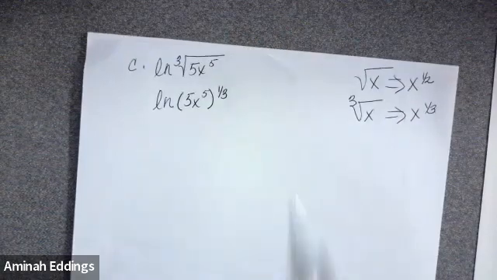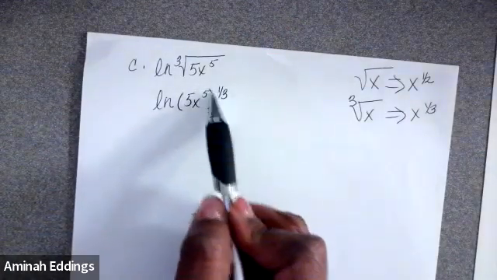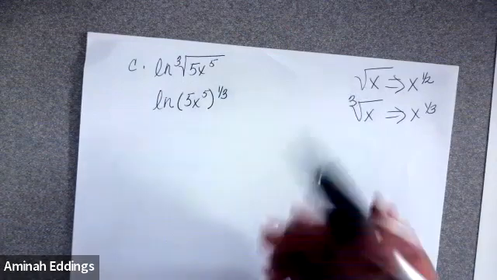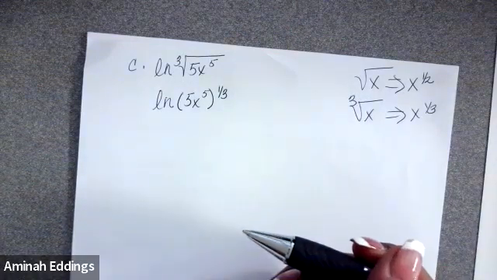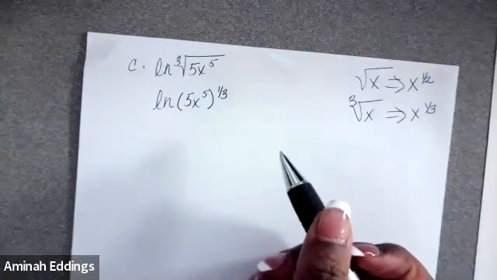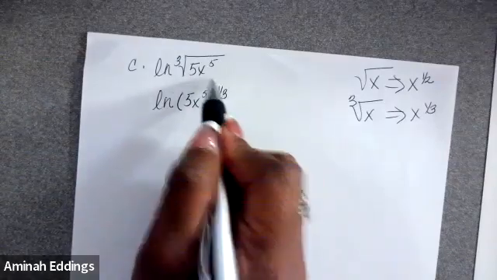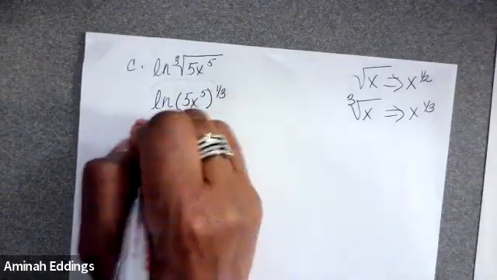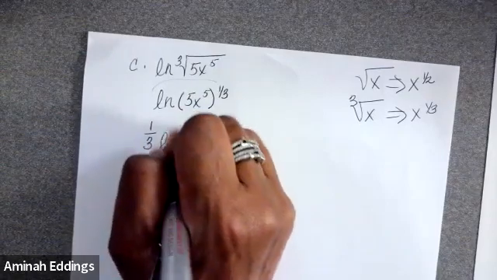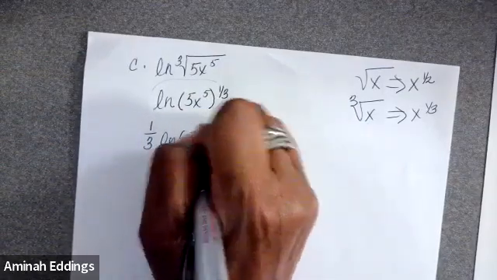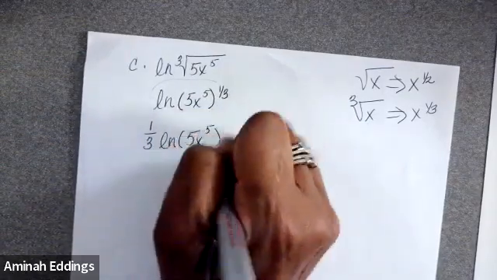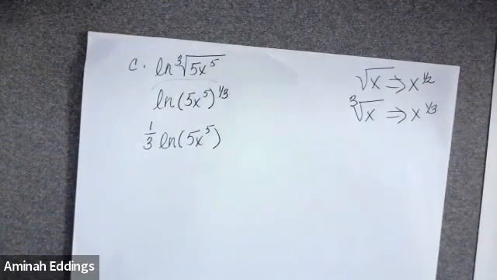All right, now we have that power. So what can we do with the power? Very good. So this is going to become 1/3 the natural log of 5x to the 5th power. Okay, what do you recognize now? It has an exponent, and we also see what?